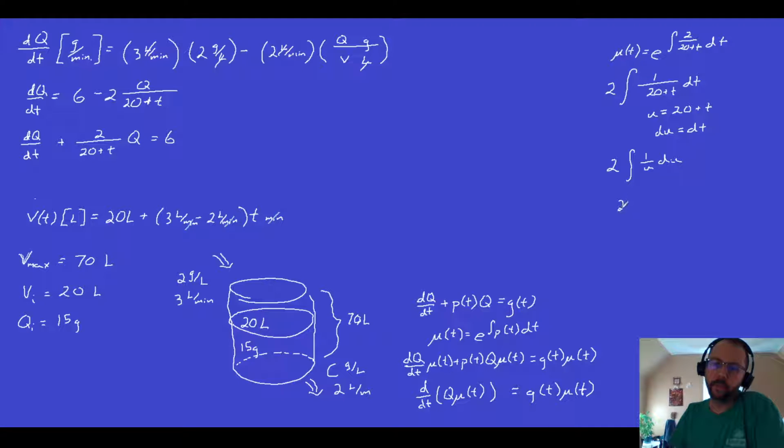So 2 times the natural log of the absolute value of u, which is 20 plus t, and there would be a plus c on the end, but we're not going to worry about that right now because in differential equations you typically only put that at the very end step. And this will be e raised to that power. So this is our mu of t.